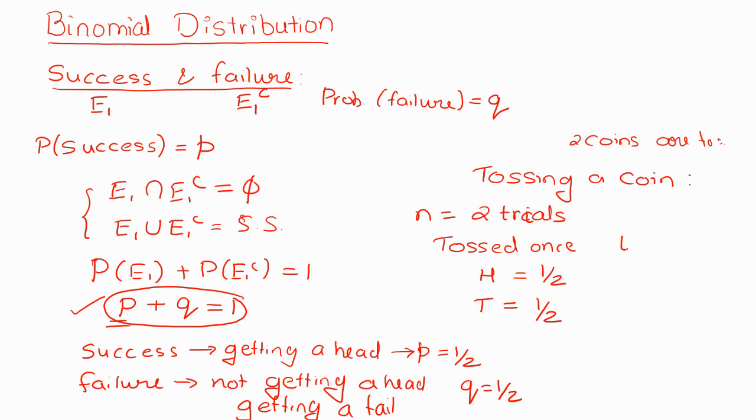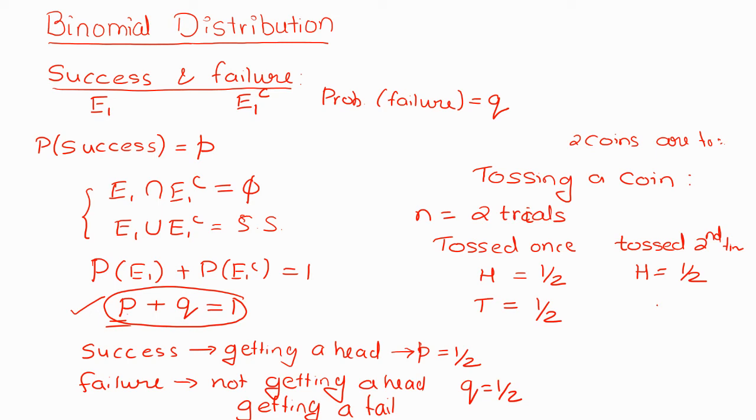Now I'm tossing the same coin a second time. The first one I have kept aside. Now when I toss it the second time, what is my probability of getting a head? It is again half, that is, my p is again half.